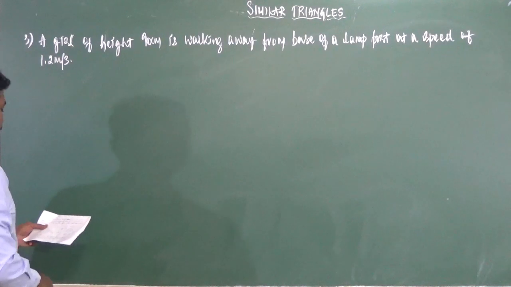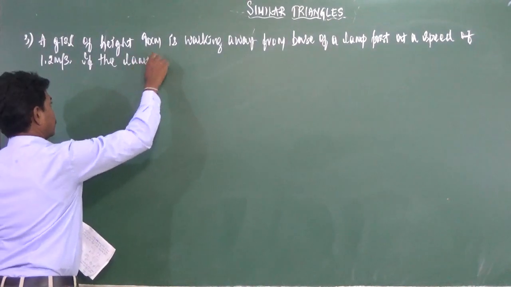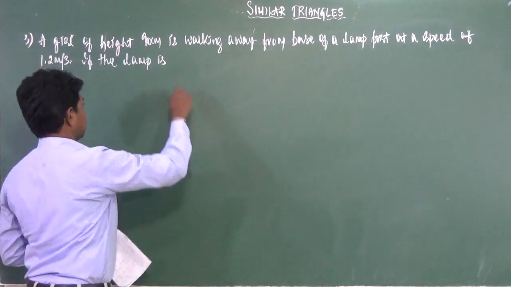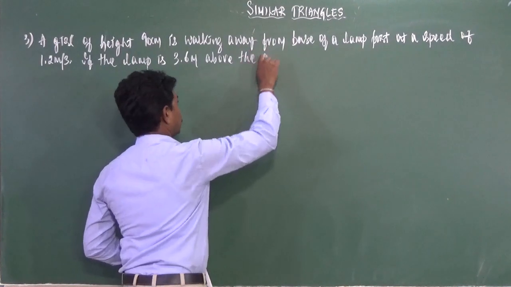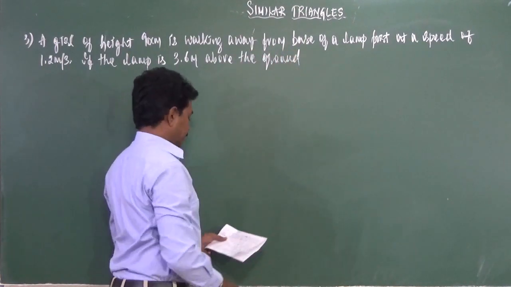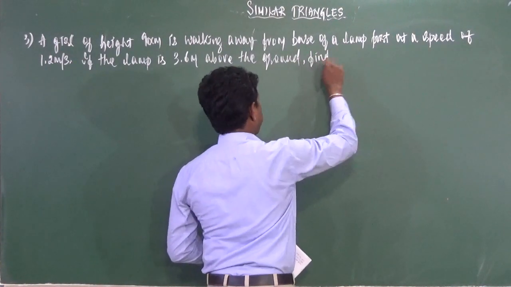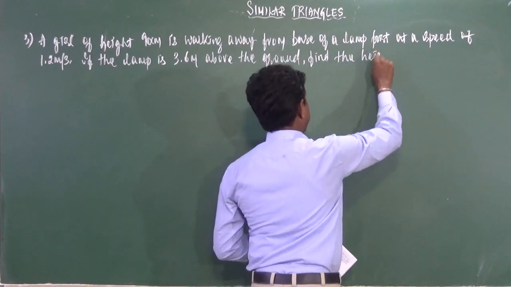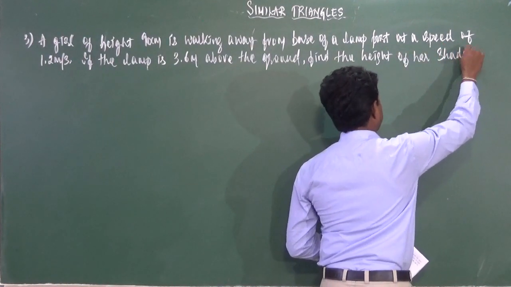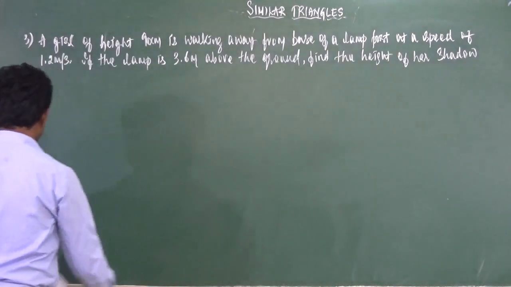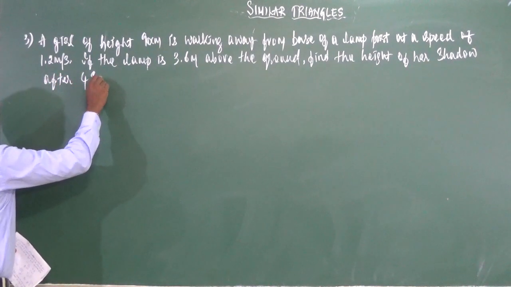If the lamp is 3.6 meters above the ground, find the height of the shadow after 4 seconds.